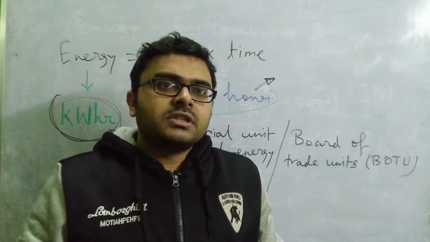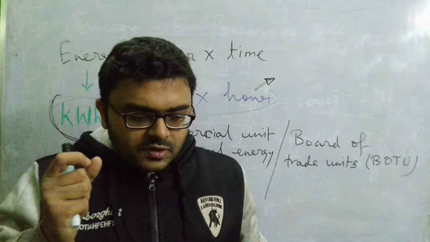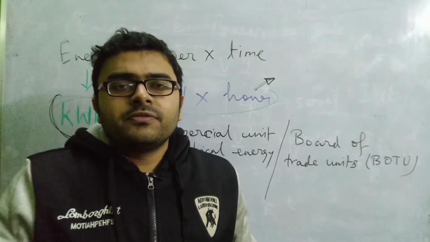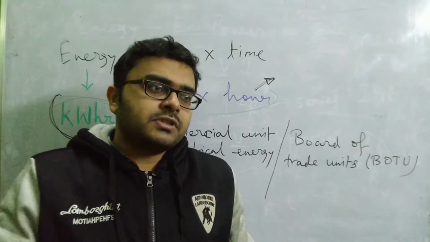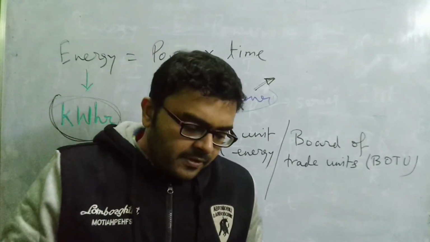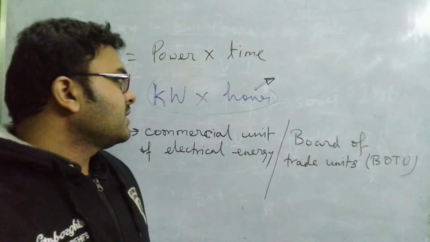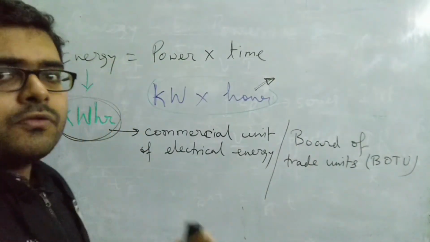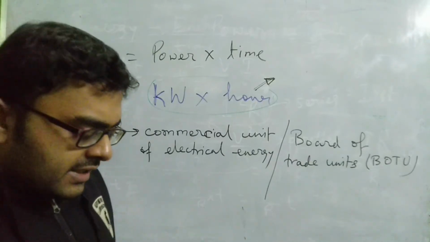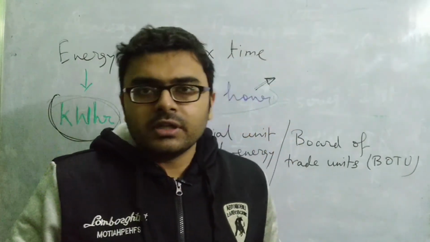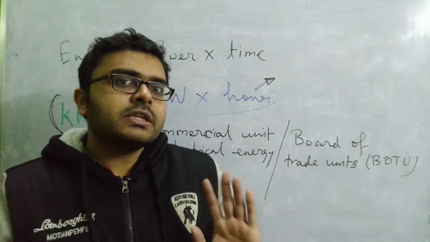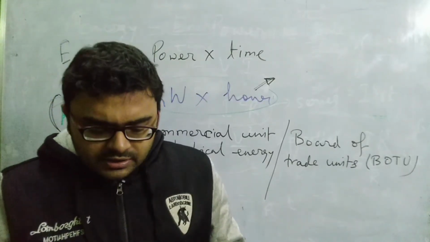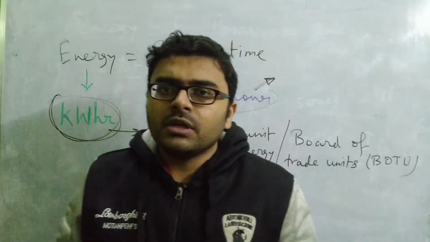So if you run an appliance of 1 kilowatt for 1 hour, you have consumed electrical energy equivalent to 5 rupees. That's an example. So kilowatt hour is the amount of energy consumed by a device of 1 kilowatt when it is operated for 1 hour. I think the definition of 1 kilowatt hour is clear to all of you.